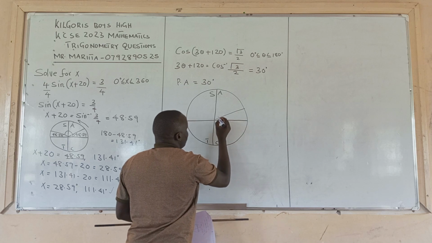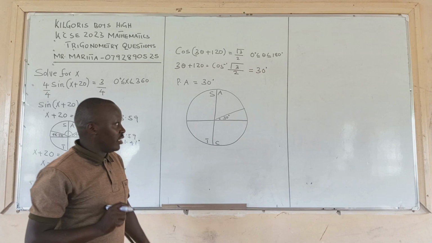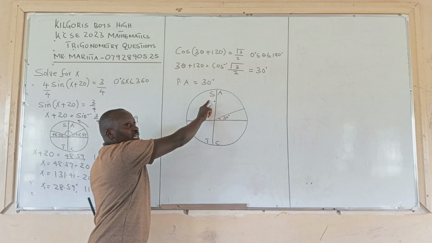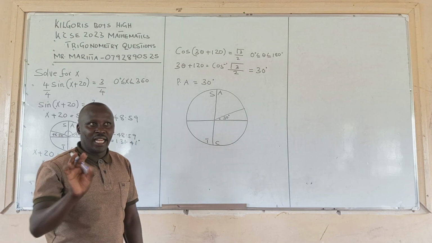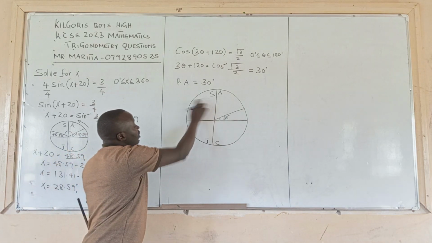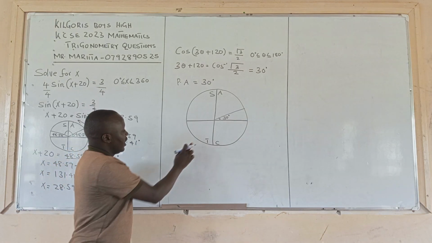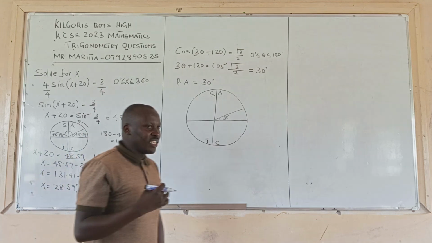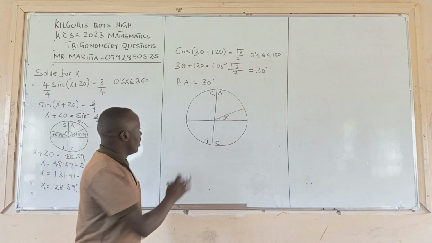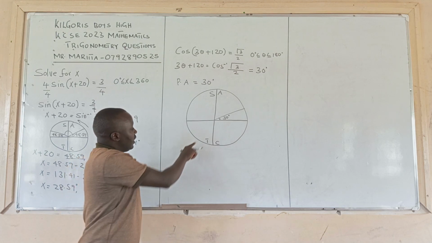So we have that principal angle here, the acute angle, as 30 degrees. In the second quadrant, the sine is positive, meaning the cosine and the tangent are negative. Therefore, it cannot lie on the second quadrant. On the third quadrant, the tangent is positive, which means the sine and the cosine are negative. Therefore, it cannot lie here.